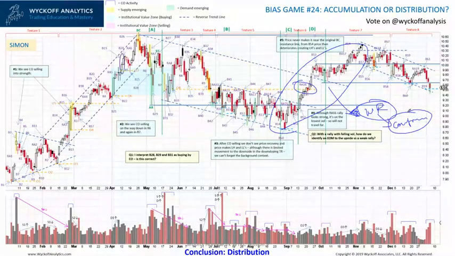So that's how we could possibly avoid this mistake, right? So thinking about what does the weak rally mean? Well, the weak rally means that either the bullish pattern is going to fall, or this weak rally is just going to be a part of the reaccumulation.